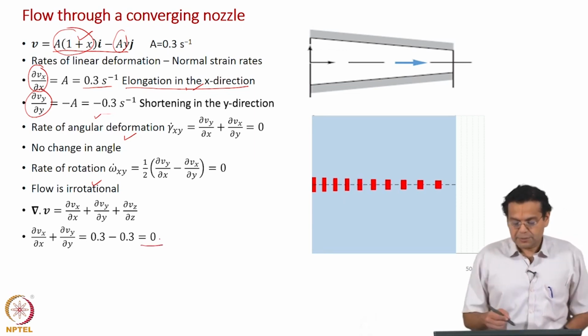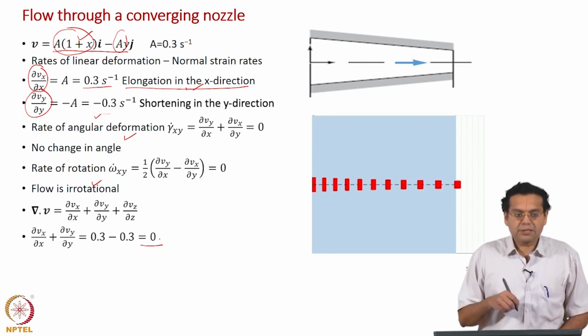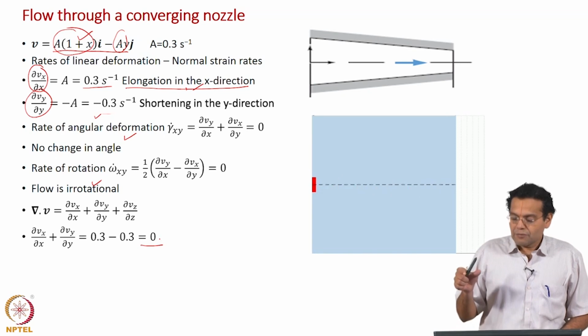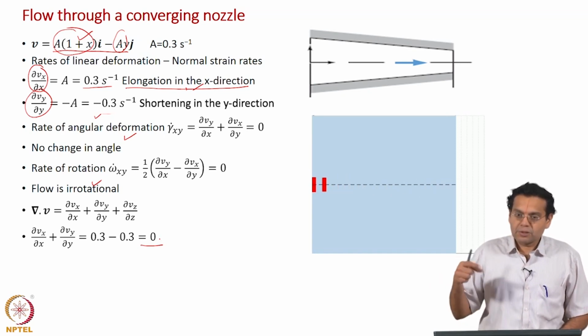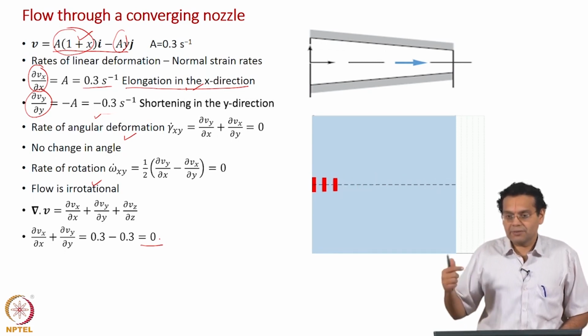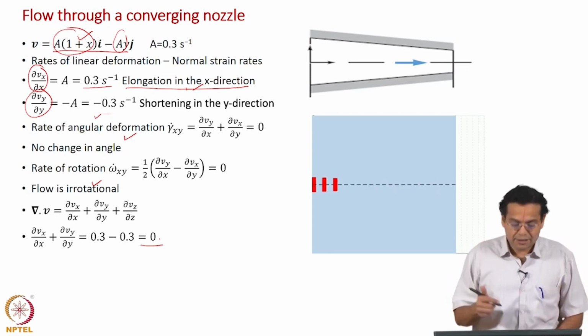This explains why, correspondingly, because it is incompressible flow, del dot V should be 0, and so when there is increase in length along the x direction, it should be compensated by a decrease in length along the y direction. That is why we said increase in length along x direction because of increase in velocity, correspondingly there is a decrease in length along the y direction. Why correspondingly?